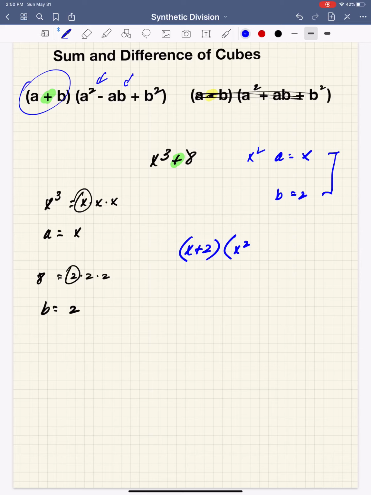I'm going to multiply them together and get 2x. And then I'm going to square the last term, which will be 4. And then I'm just going to throw in my signs. If you can keep in mind that it's plus minus plus, I already have the plus for the plus 2 there. So I'm just going to put in minus and plus. And there's your answer, x plus 2, and then x squared minus 2x plus 4.